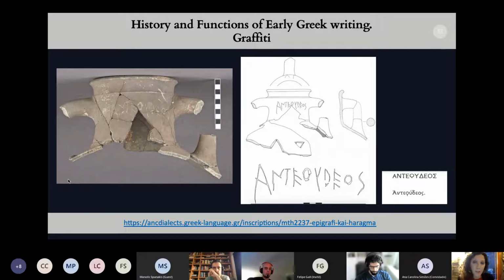So maybe this scratch on the underside of the skyphoi, that were basically drinking cups used to drink wine, was used to mark the ownership in places in which people used to drink. But it's of course an idea, unprovable, but it's just cool.